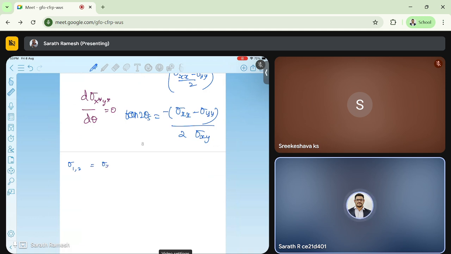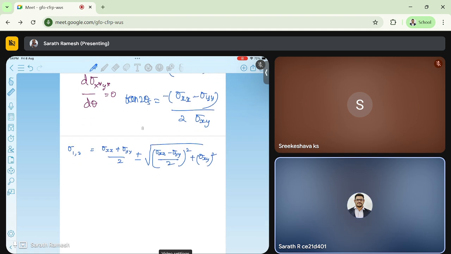This is equal to (sigma xx plus sigma yy)/2, plus or minus: plus is for maximum, minus is for minimum, square root of ((sigma xx minus sigma yy)/2) the whole square plus sigma xy the whole square, right? And sigma xy max, the maximum shear stress, is nothing but the radius in the Mohr circle, the same expression.